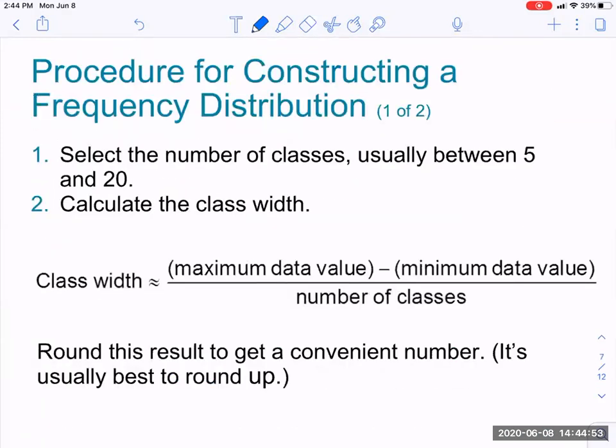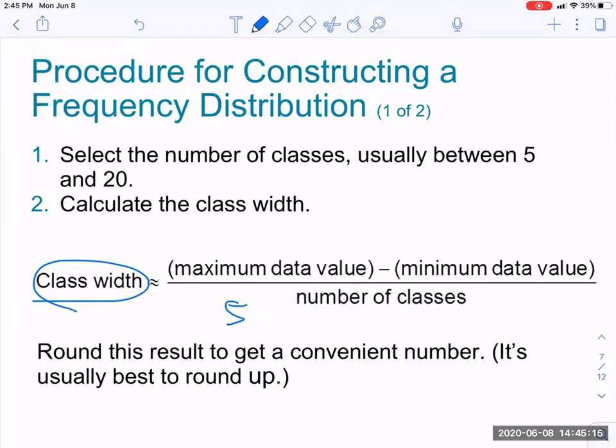Okay, there's a recipe in the book that is just kind of an outline. You don't follow it exactly. But I'm going to use this to calculate my class width because I'm going to make 5 classes. And you pick these.